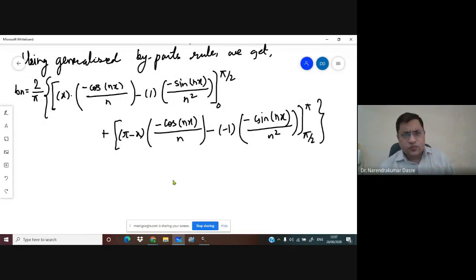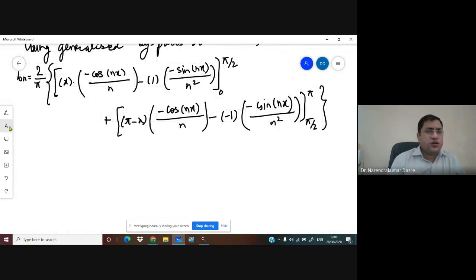Now, see, what we have, this limit will vanish at 0, but not at pi by 2. So as we used to write generally that sine terms vanish, in this example, the sine terms will not vanish like that. Okay, and hence we have to be careful. So let us apply the limit.